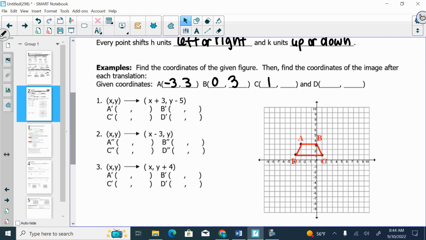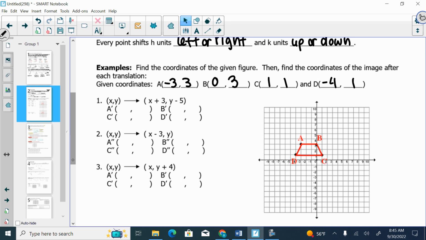And where is point D? Good. Okay, so these are the original points, right? Okay, they ask us to then find A prime, B prime, C prime, and D prime, right? So that means I'm going to move them, right? If we call them prime, it's the new image, or the image, right? And then this would be considered the pre-image, is what we called it.